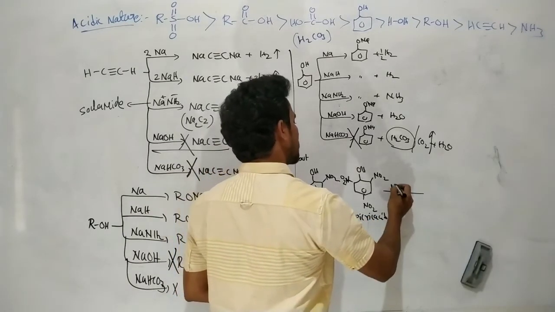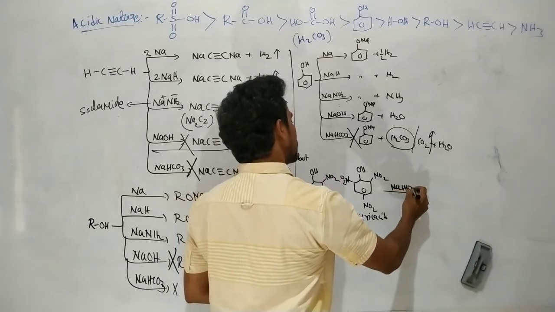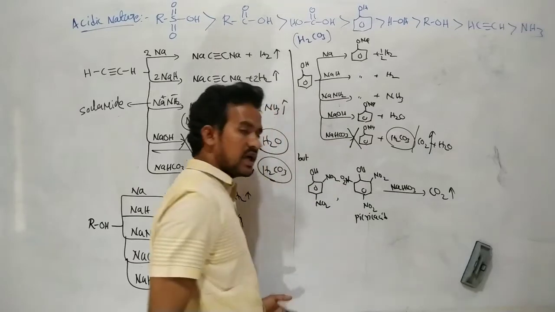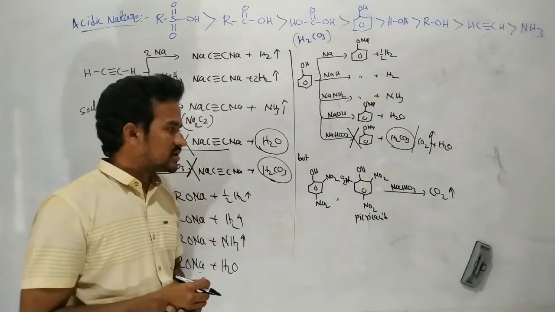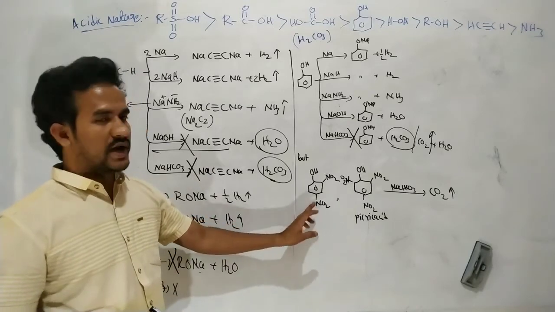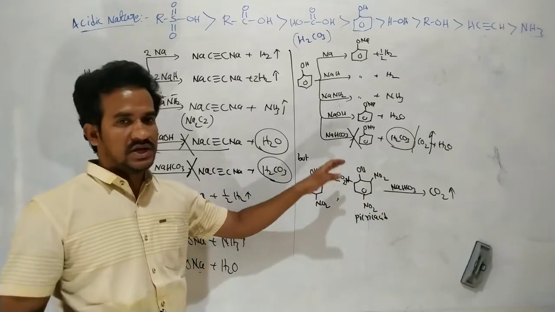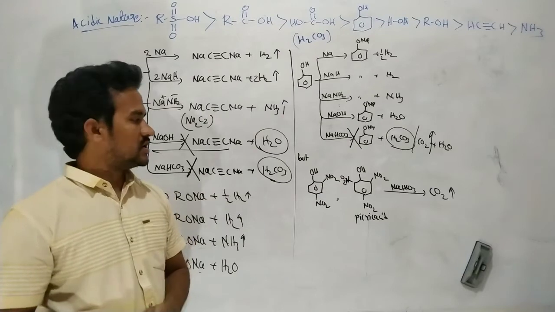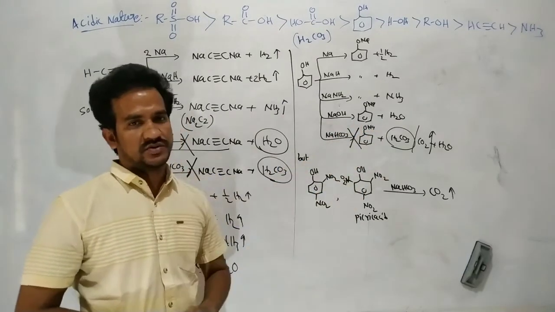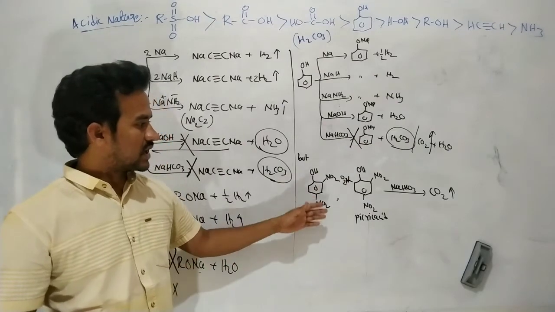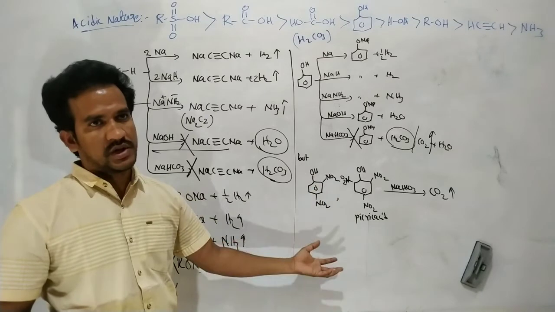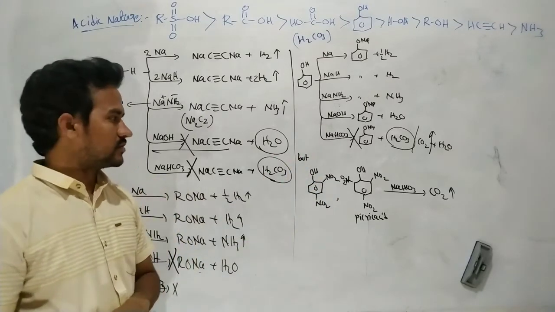These compounds can react with sodium bicarbonate. That means the sodium bicarbonate is decomposed, CO2 is evolved, and there is a brisk effervescence. Sodium bicarbonate is decomposed by 2,4-dinitrophenol and 2,4,6-trinitrophenol because these are stronger acids than carbonic acid. Why are these stronger acids? Because the presence of electron withdrawing groups increases the acidic nature.